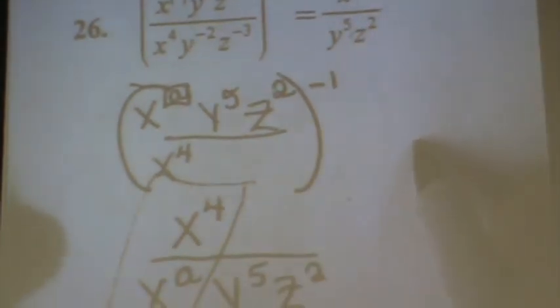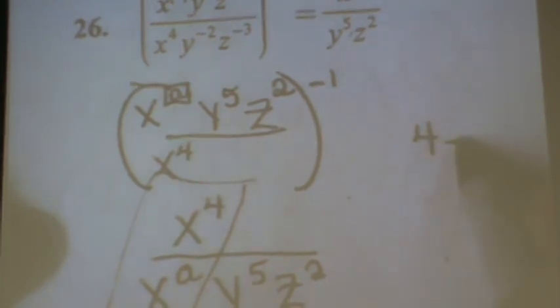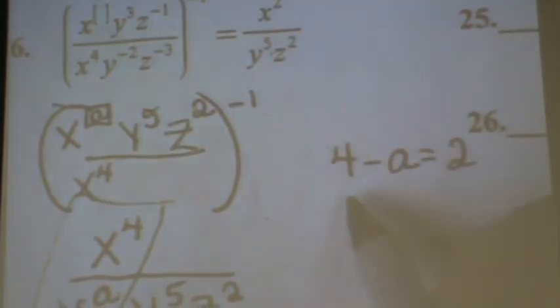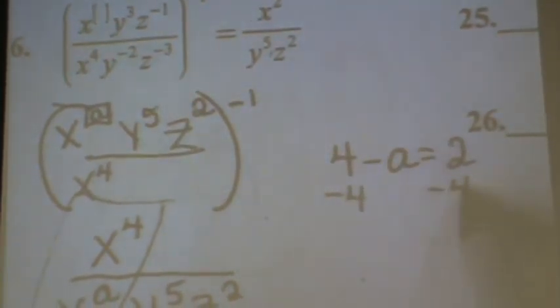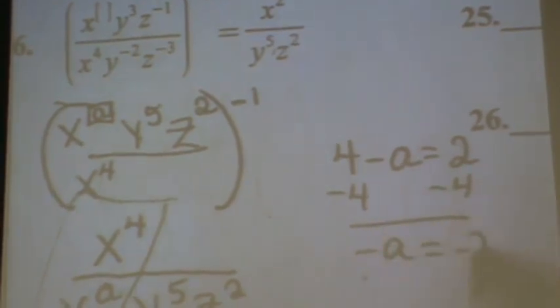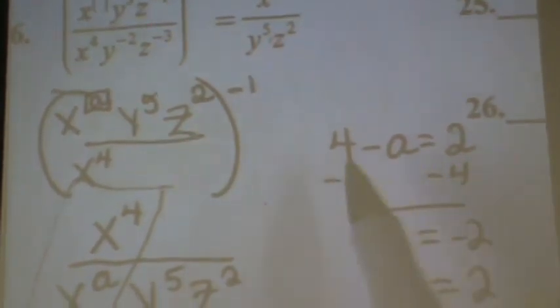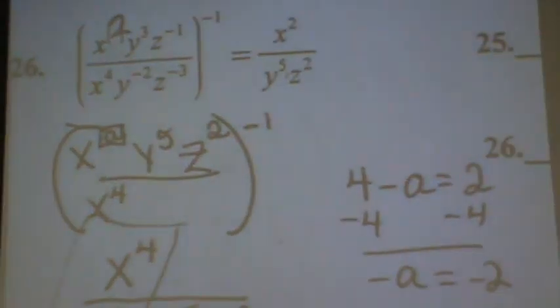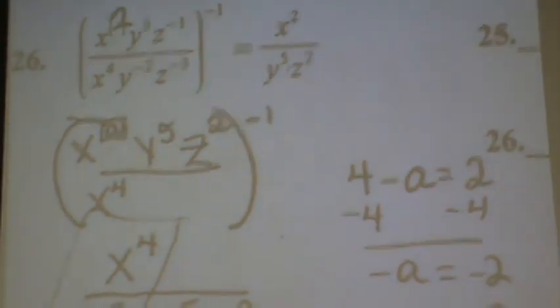So the deal is, we're going to take these two and subtract them. So 4, we want to subtract the exponents. We want to set this equal to a 2. How do we get a 2 here? So if we subtract 4, you get negative a equals negative 2, and a would have to be 2. So if this were a 2, the problem would work. And we are done.